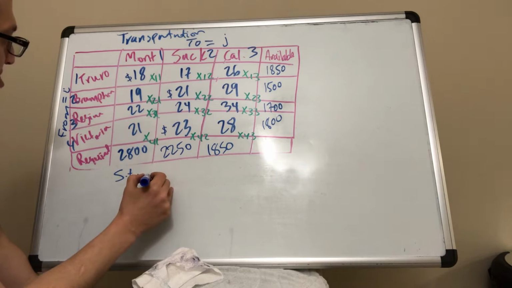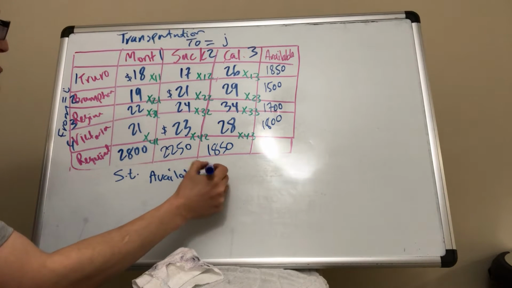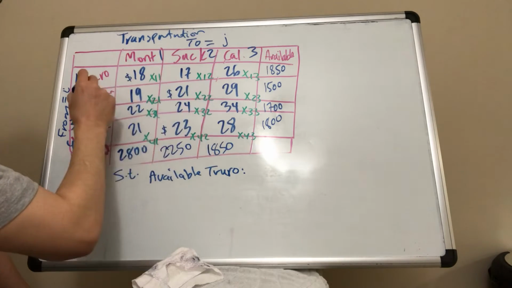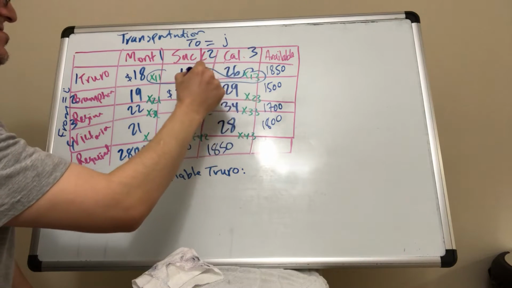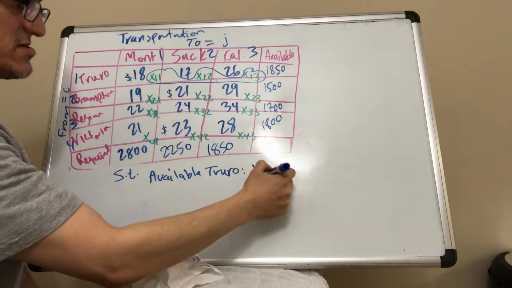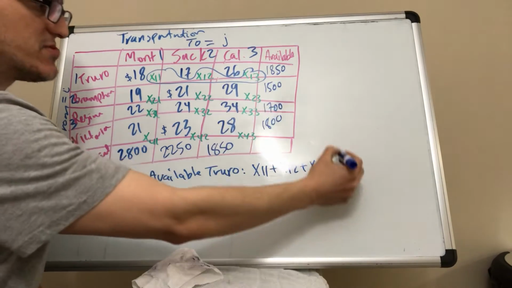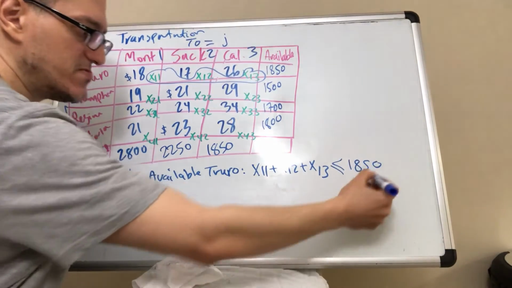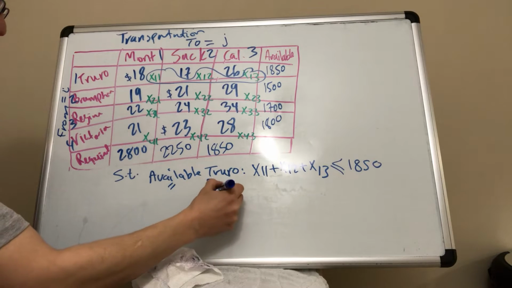So we start from available Truro. You ask yourself, what do we have coming from Truro? We have X11 coming from Truro, 1, 2, and 1, 3. They can provide this, so what's coming from Truro not to exceed 1850. Now, city 2, Brampton.